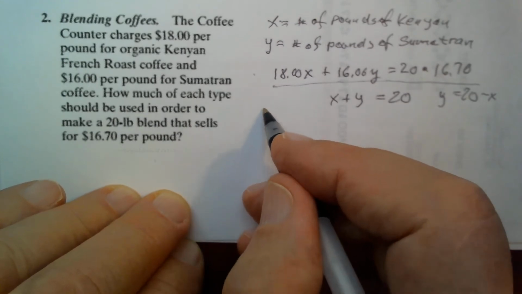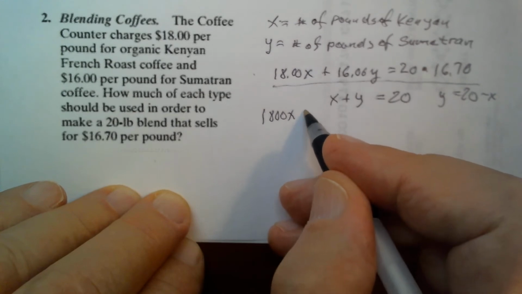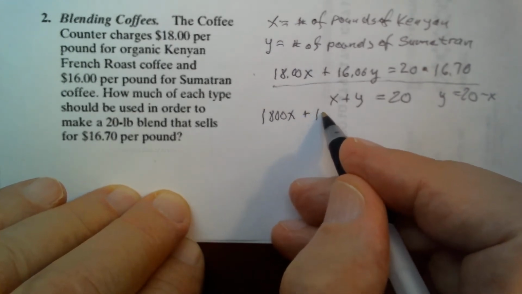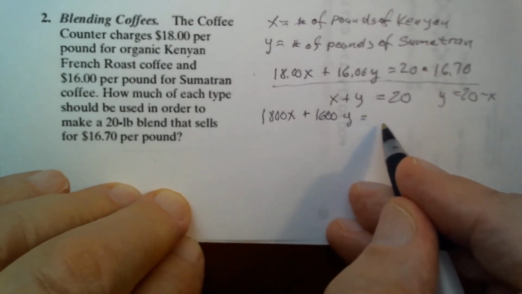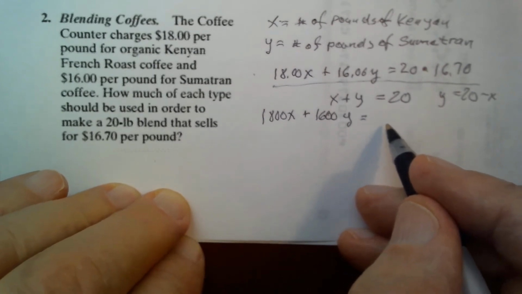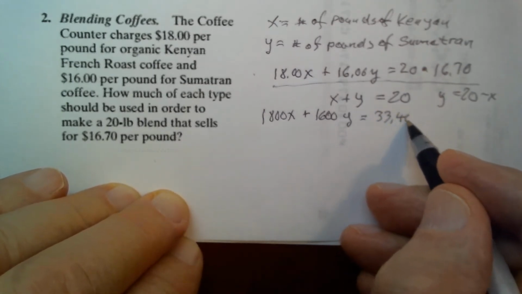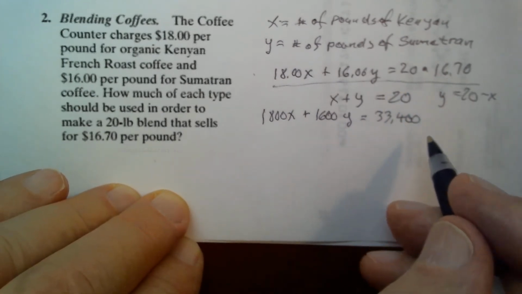So we get 1,800x plus 1,600y, and that is equal to 33,400, when you multiply 20 times 1,670.